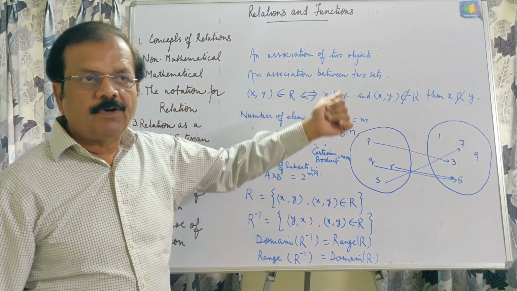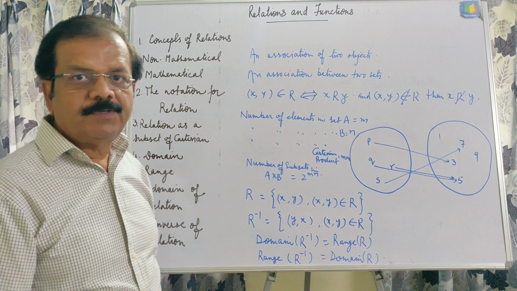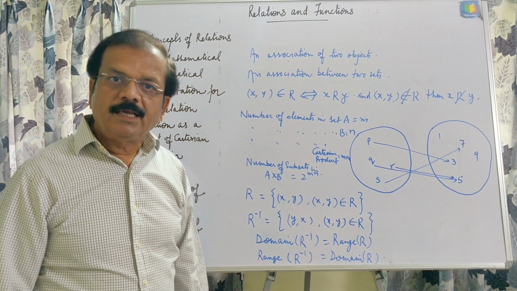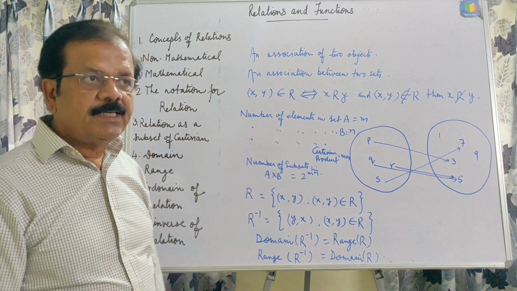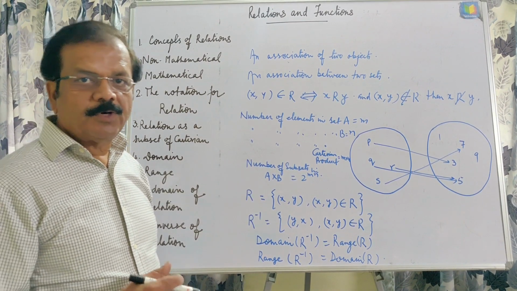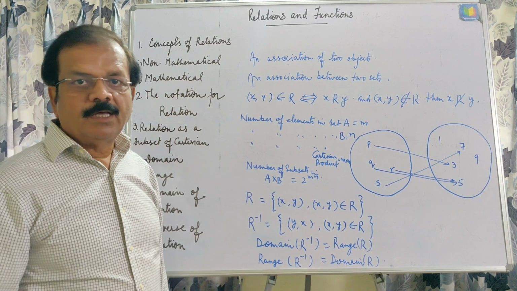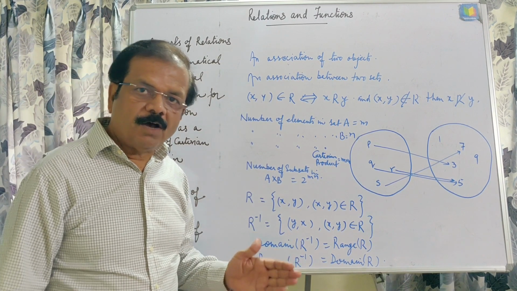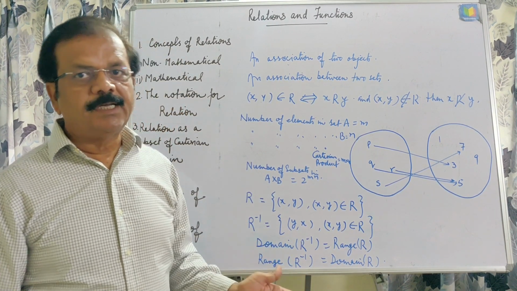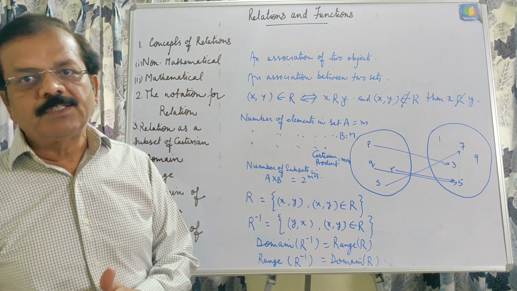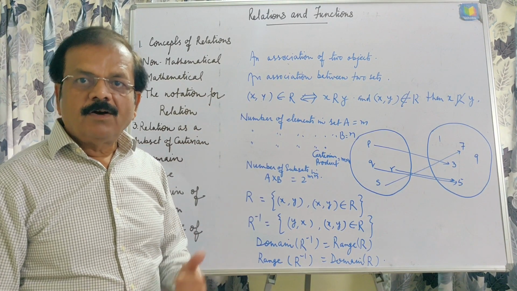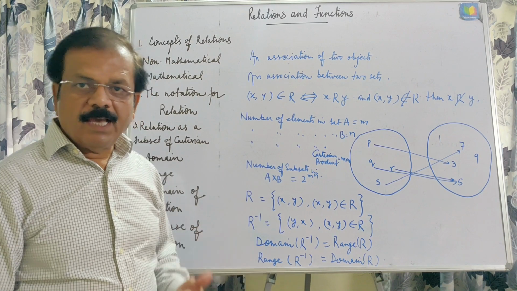This association we already studied in the last video, in the topic of Cartesian product. We have seen that in the Cartesian product between two sets A and B, all the elements of the first set are associated with all the elements of the second set with ordered pairs.